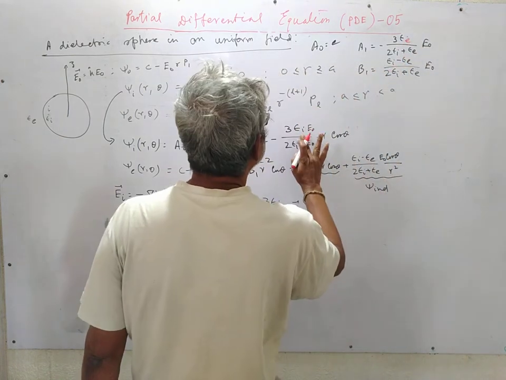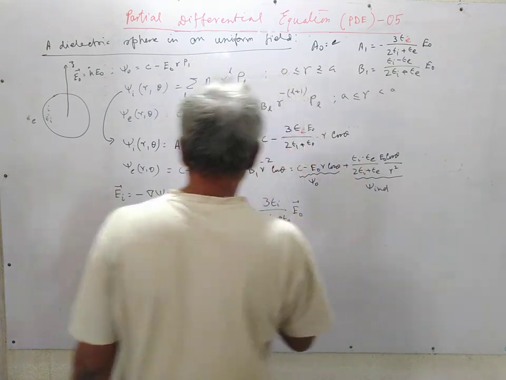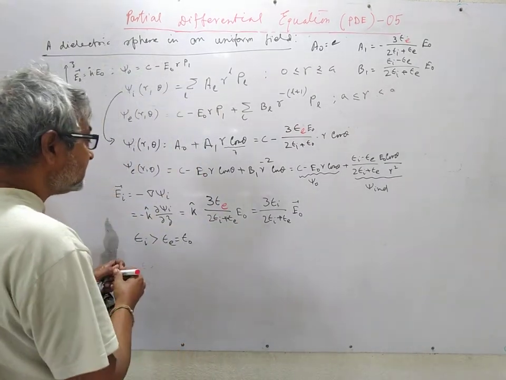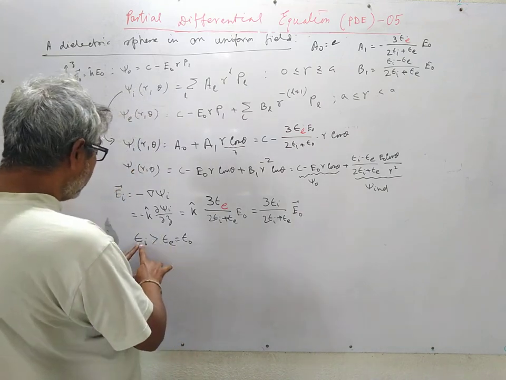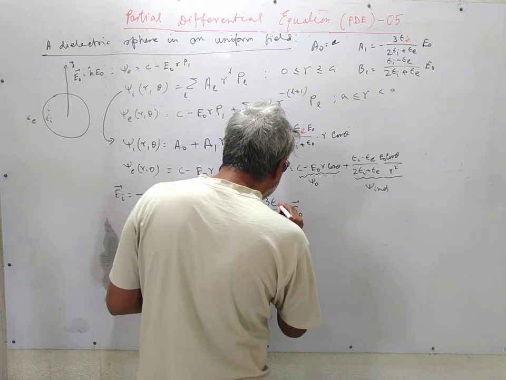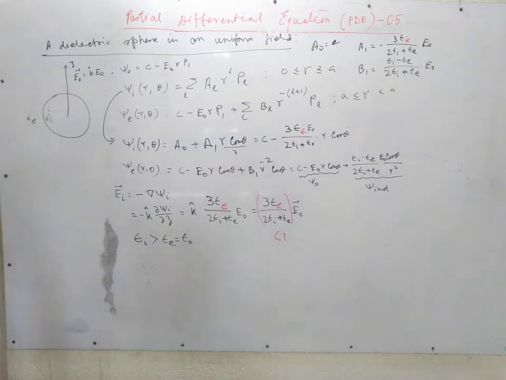It should be E. You just solve this one of yourself and you will see that this is E. So since this epsilon I is greater than epsilon E, we see that this part is less than 1. That is, we conclude that the field within the dielectric material is less than the field outside. So in the vacuum the field is greater, and within the dielectric medium the field is small.